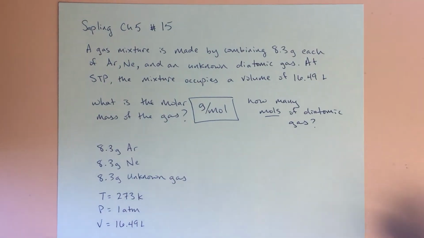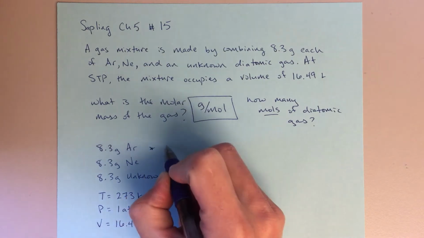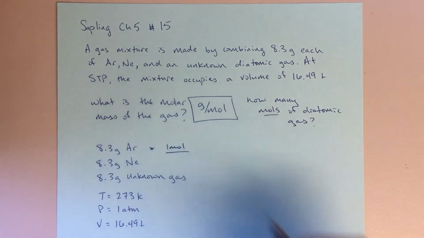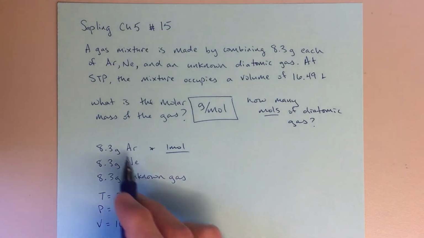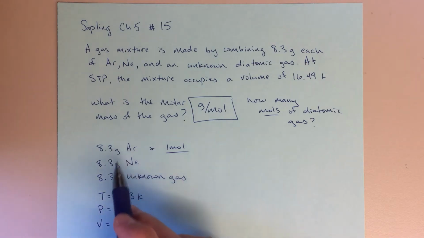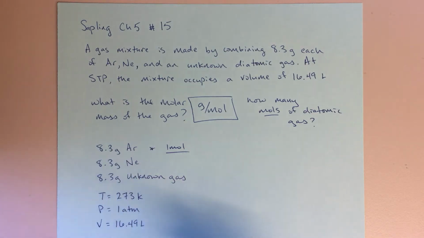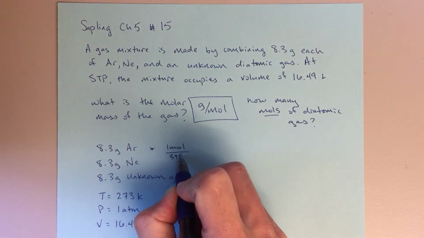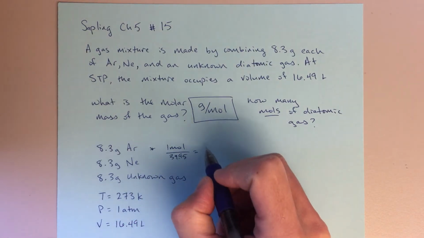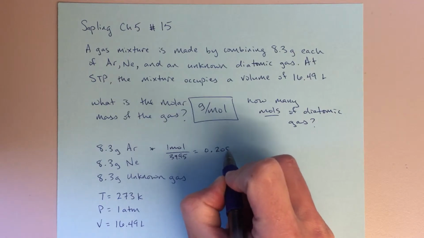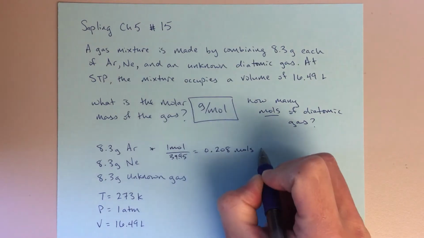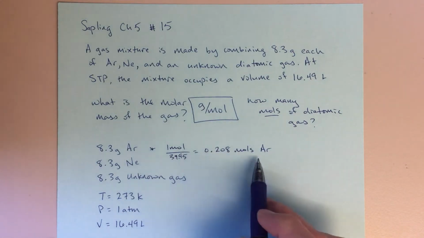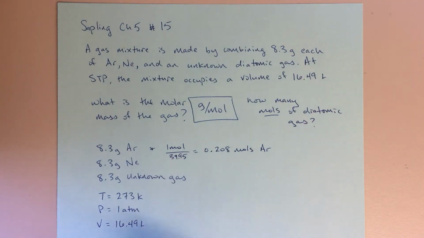Okay, so the first thing I'm going to do is I'm going to convert from grams into moles. So using the molecular mass of argon and neon, I can convert those masses of argon and neon into moles of argon and neon. So for argon, 39.95, and that's going to equal 0.208 moles of argon. So in my sample, that's the number of moles of argon that I will have.